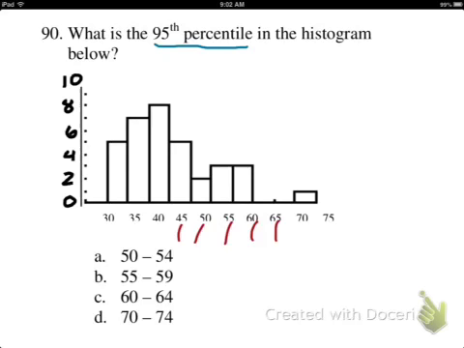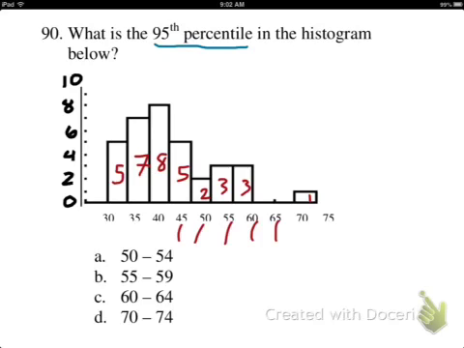So the first thing I need to do is count up how many people there are in this group to figure out what the percentages are going to be. So we just count them up. In the first bar we have 5, the second bar we have 7, the third bar we have 8, the next one we have 5 again, the next one we have 2, and 3, and 3, and then 1 out there.